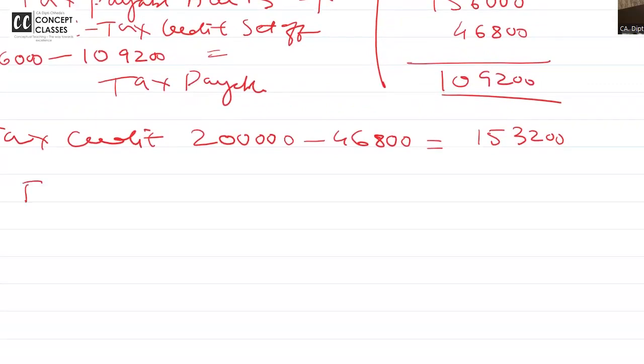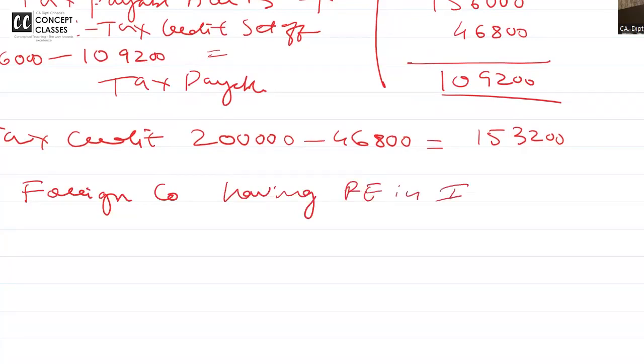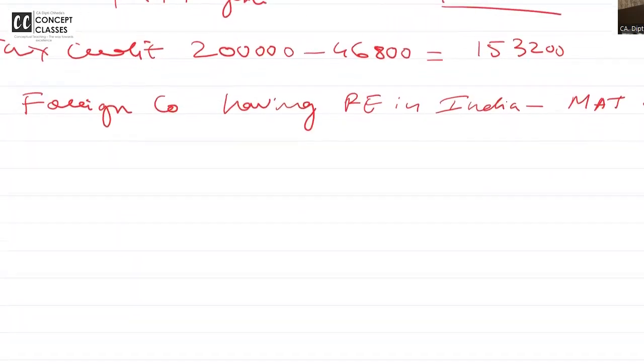Problem number 16. Foreign company having PE in India. MAT is definitely applicable. You have to calculate both the liabilities.